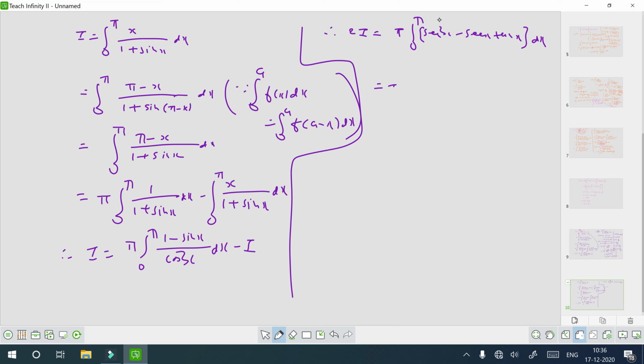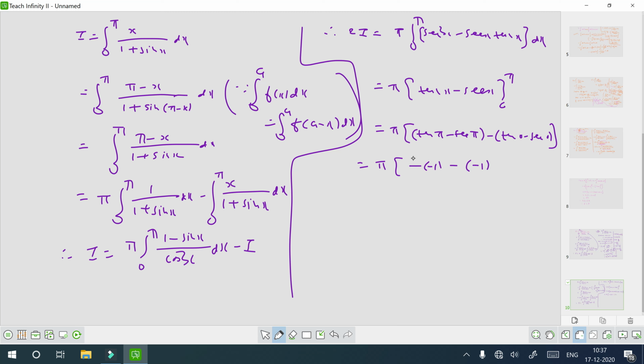Or that is equal to pi, directly you can integrate it, tan x minus sec x from 0 to pi. Yes or no? Yes. So pi, tan pi minus sec pi minus tan 0 minus sec 0, that is equal to pi, tan pi is 0, sec pi is minus 1, so minus 1, minus sec 0 which is 1, minus 1.